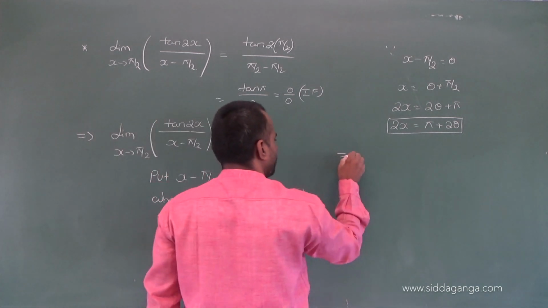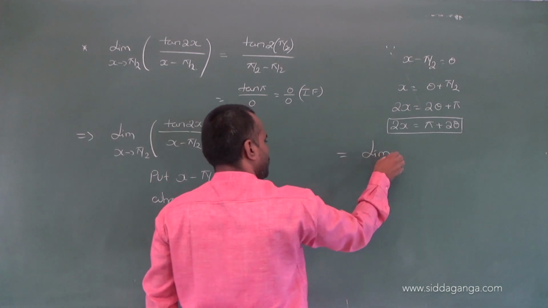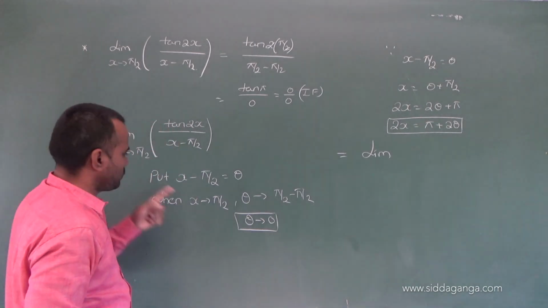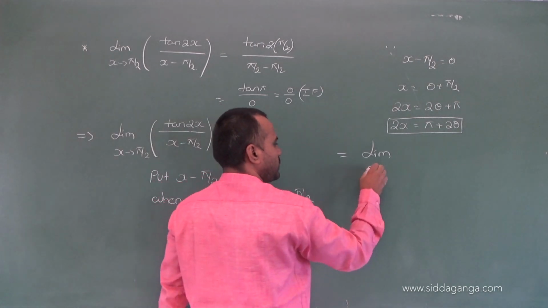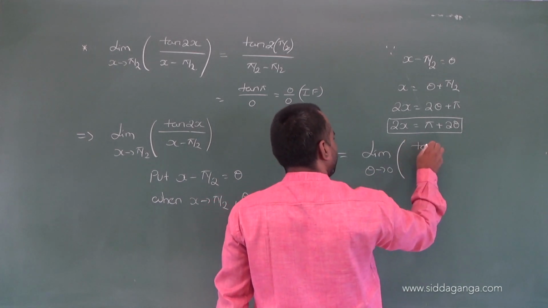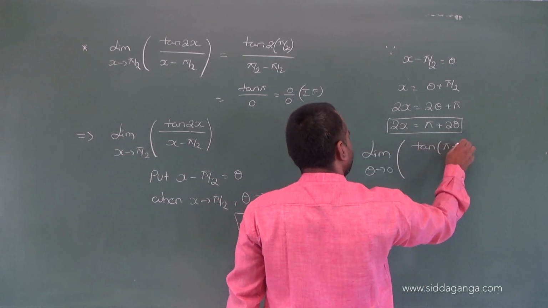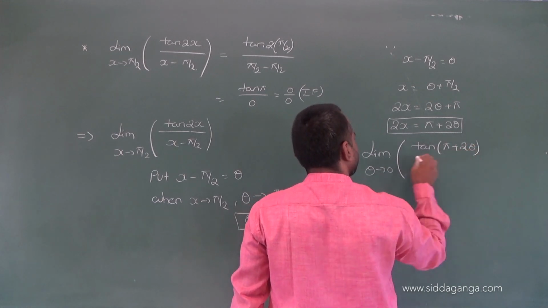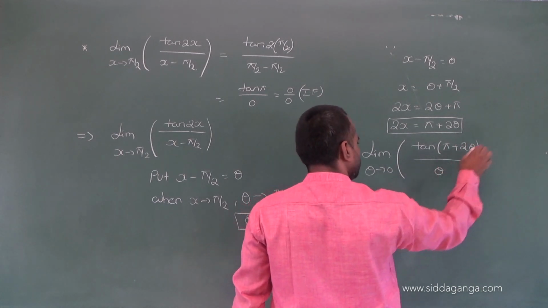So that is equal to limit theta tends to 0 of tan of pi plus 2 theta divided by theta.